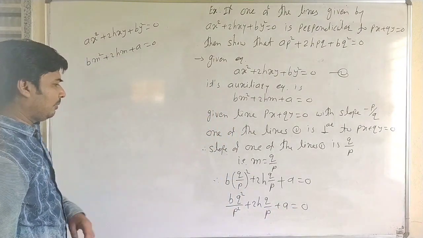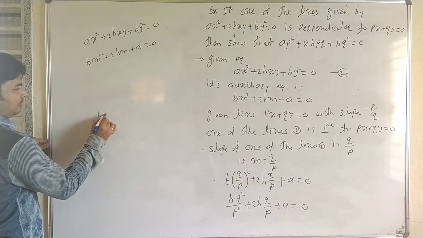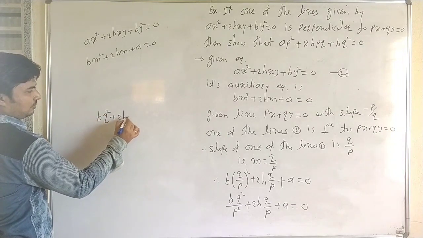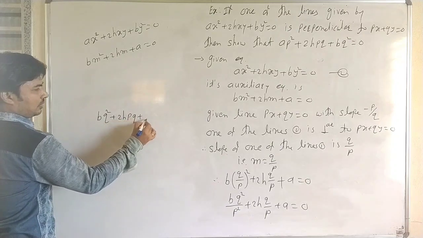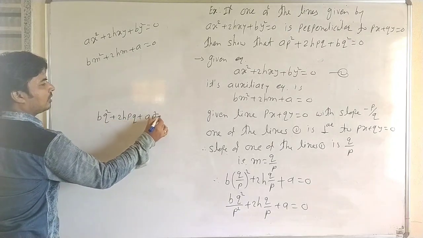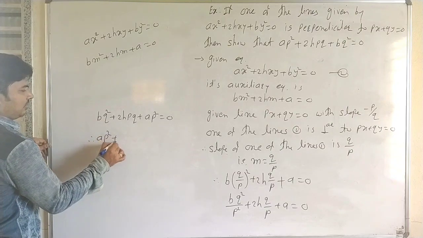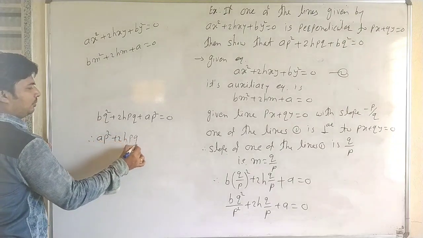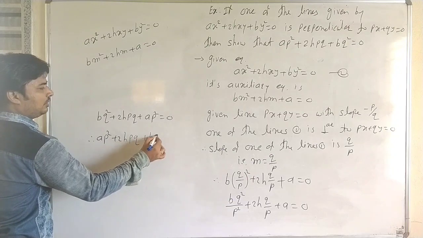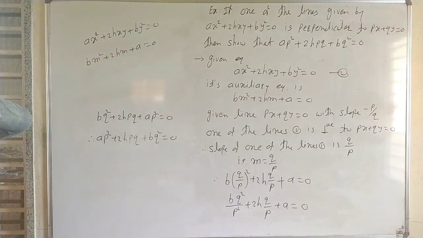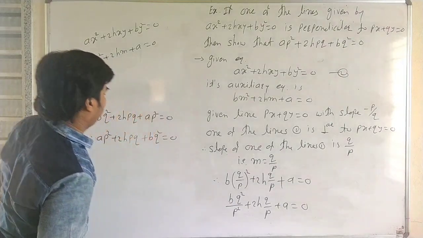Then throughout multiplying by p square, we can write bq square plus 2hpq plus ap square is equal to 0, and this can be written as ap square plus 2hpq plus bq square is equal to 0, and it is the proof. Okay. Now next example.